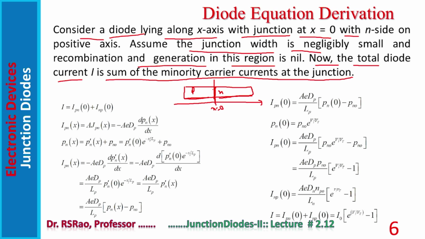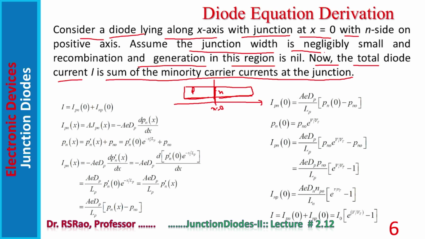But majority carrier current on the P side, after crossing the junction, becomes minority carrier current on the N side. Therefore, one can say total current at the junction is the P side majority carrier current, which is of course the minority carrier current on the N side at the junction, plus the minority carrier current on the P side.